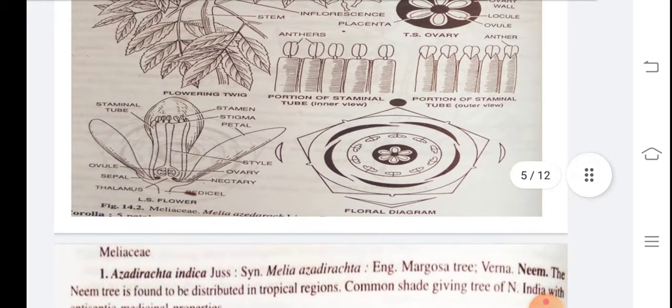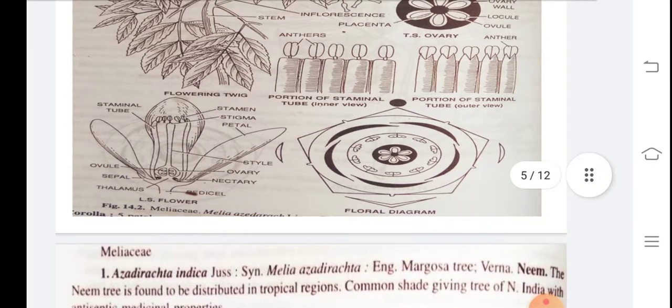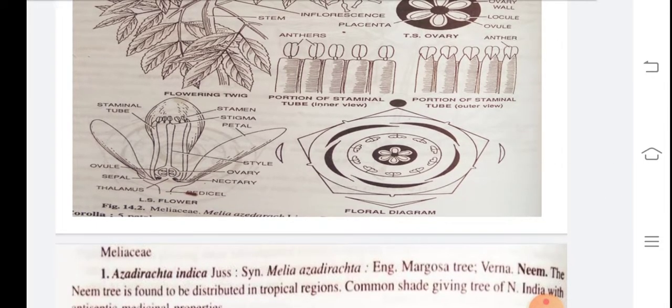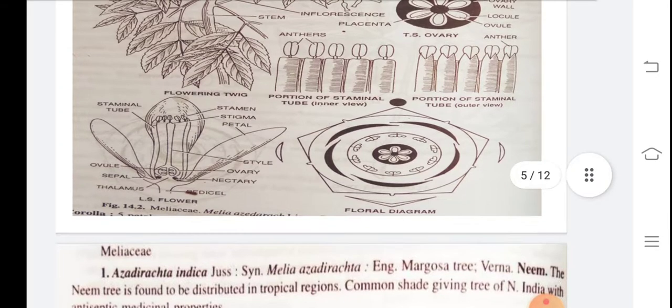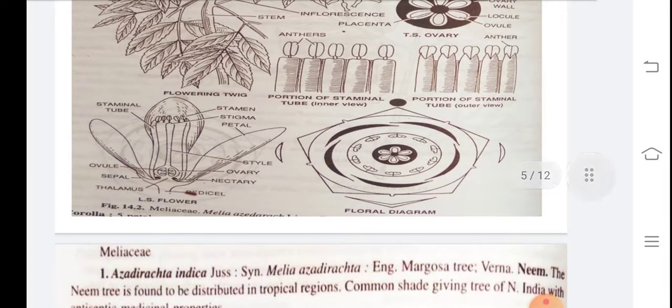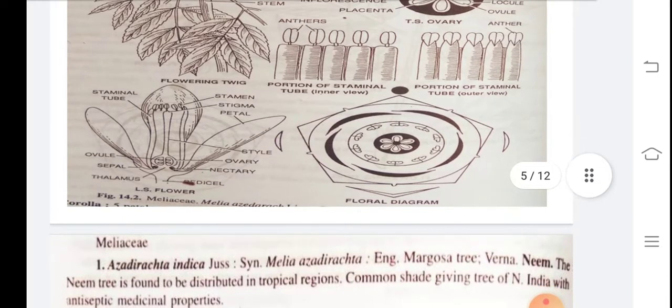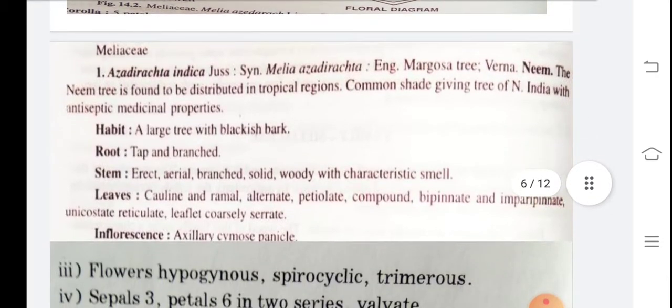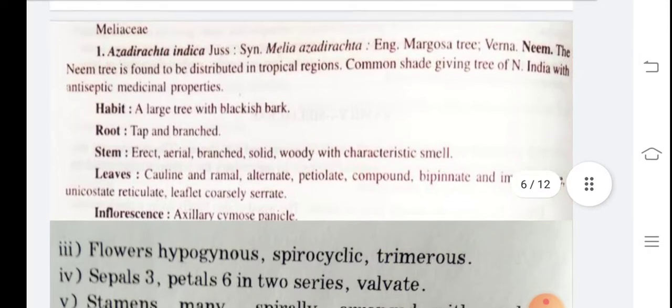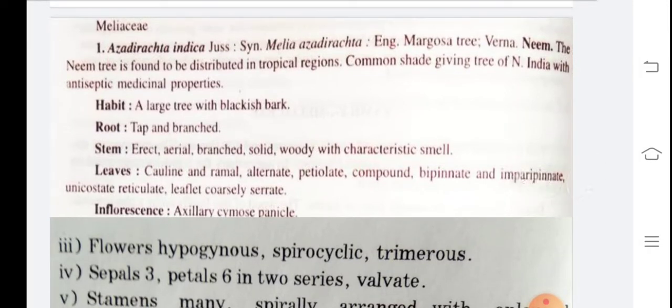Calyx is 5, gamosepalous, showing valvate aestivation. Corolla is 5 petals, showing twisted, imbricate aestivation, one outer side, one inside, and the three alternating. You see in the diagram, the stamens have united filaments, shown as a ring, and the ovary is pentalocular. So these are the characters; our example is Azadirachta indica.